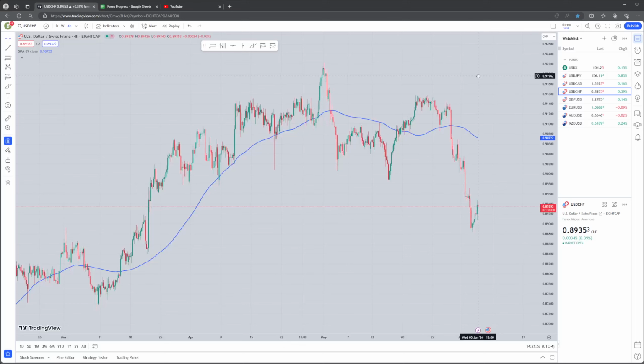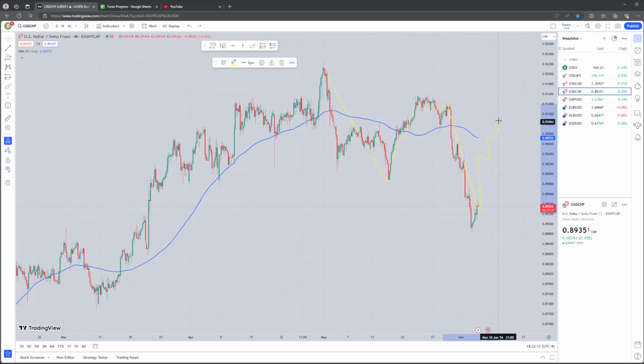USD Swiss franc. Here also, downtrend, also downtrend like this. Then the market went up, a lot of consistent up candles here, but the market really didn't go up. Then the market went down, a lot of candles down here.